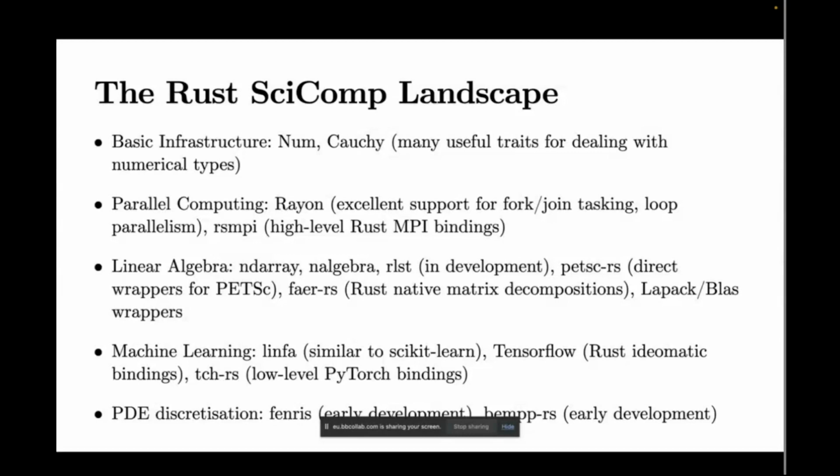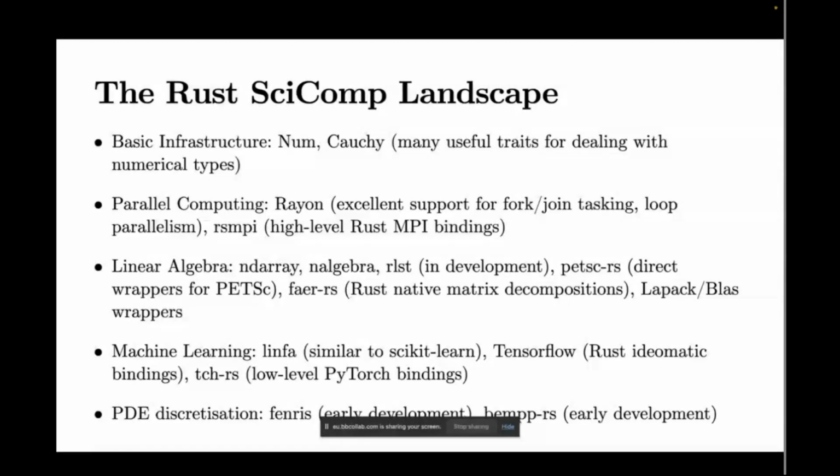Machine learning, very much a fast-growing community. Linfa, a very fascinating, very active project, kind of similar to scikit-learn. TensorFlow has official Rust bindings, very Rust idiomatic bindings, and PyTorch has, I'm not sure how official the PyTorch bindings are, but it also has very good Rust bindings.